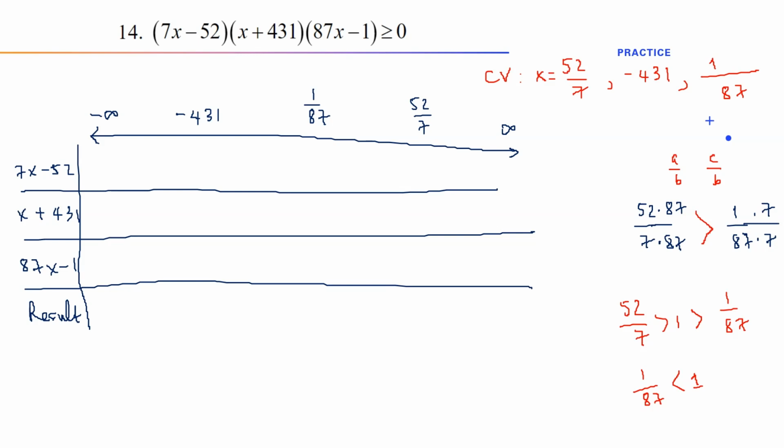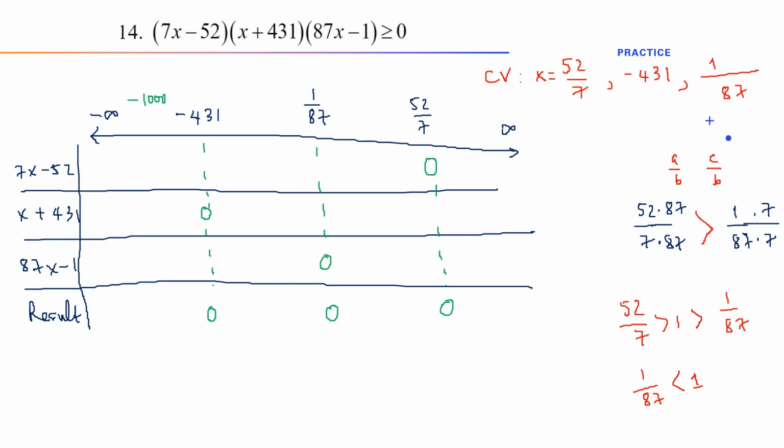Now the test points, right? This one is 0 here, this one is 0 here, this one is 0 here. Yes, we have the line on, because all the critical values make the factors equal 0. And now we choose the test numbers. This one I choose like negative 1000.